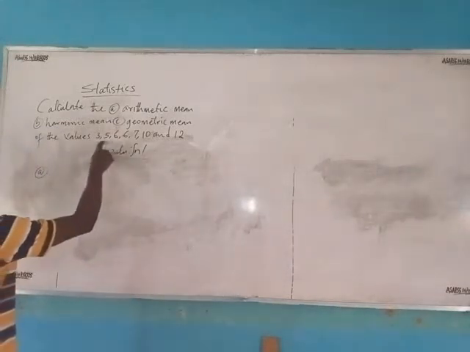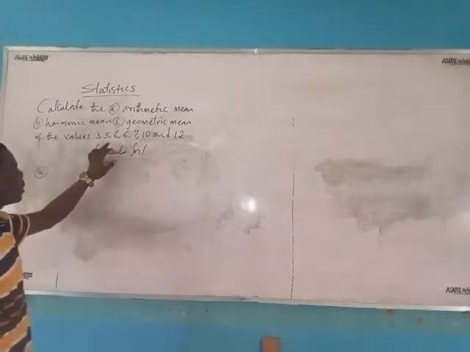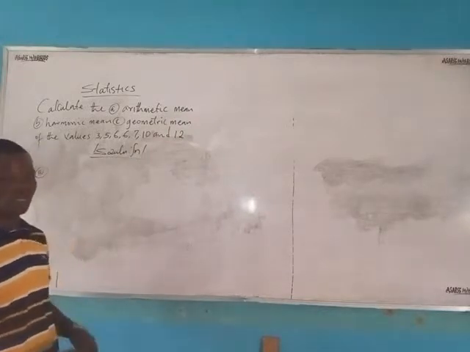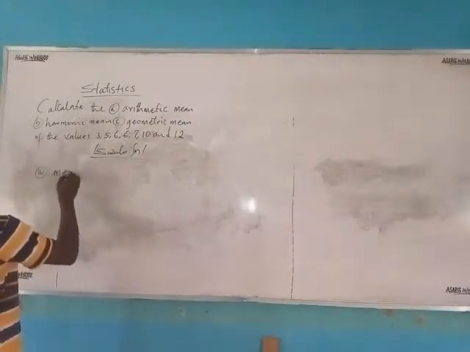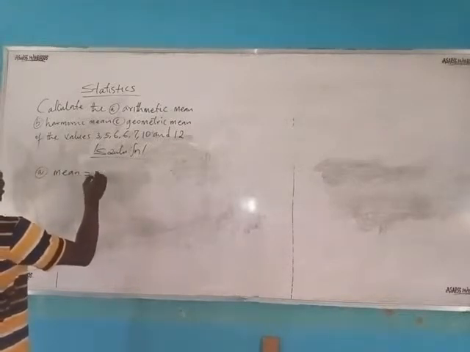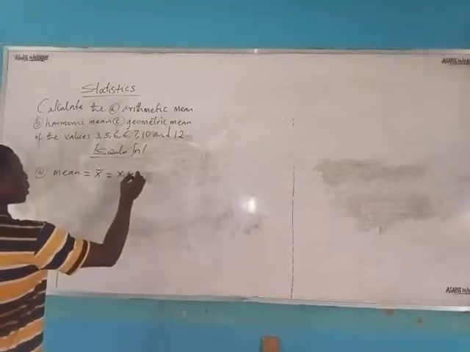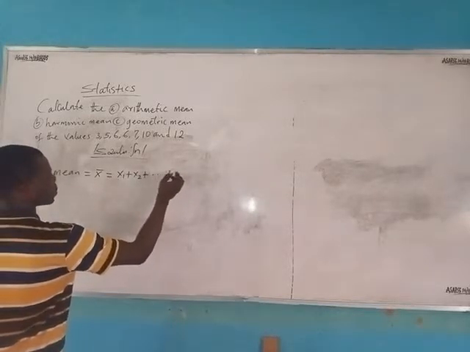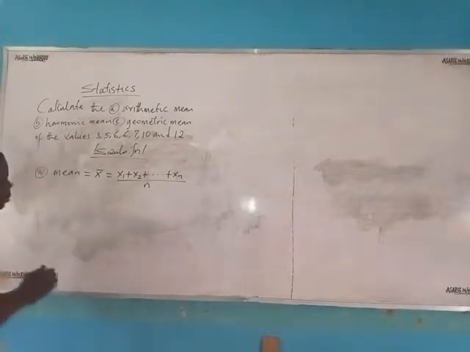And this data is ungrouped data. So the mean or the arithmetic mean of ungrouped data is given by the formula: mean, which is x bar, is given as x1 plus x2 plus dot dot dot plus xn all over n.